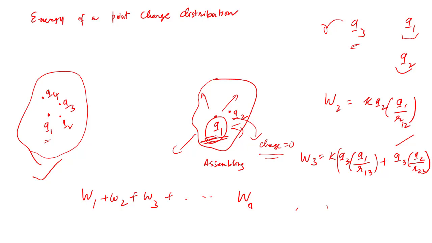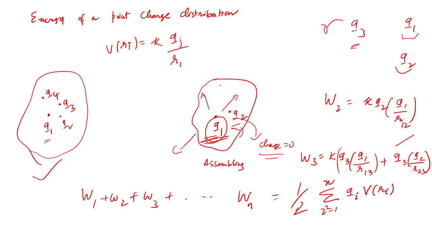And we saw that this could be expressed as half times the sum over i equals 1 to n of Qi V of ri. So this V of ri is simply K times the sum of Qj by Rij. So for the ith charge, the potential is being caused by something before it.